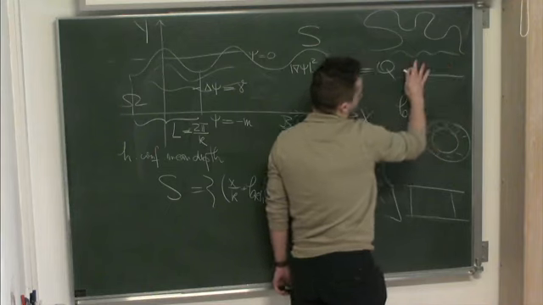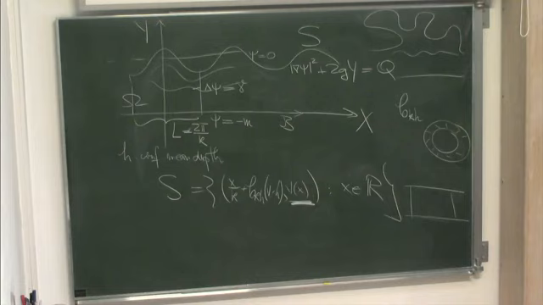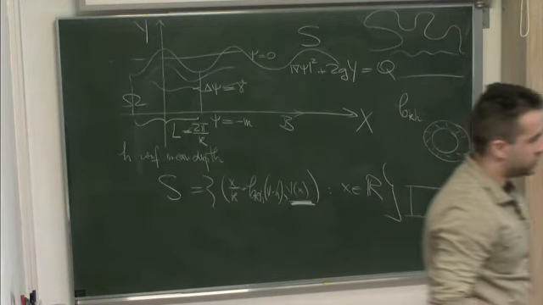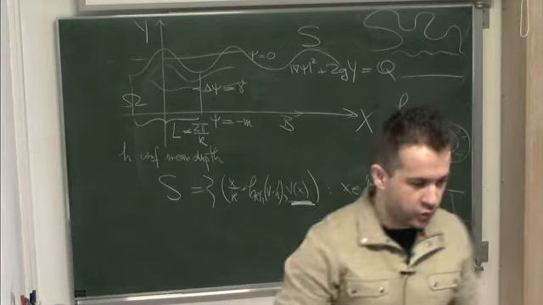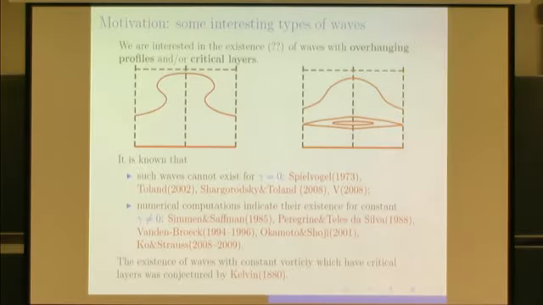So the wave is always a graph. But on the other hand, if this constant on the right-hand side of the equation is non-zero, there have been numerical computations from a long time ago, in which people computed waves with mushroom shape. So our aim was to have an approach which could capture this kind of waves, which we only managed to do partially.